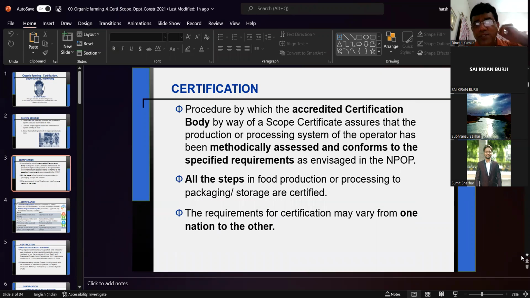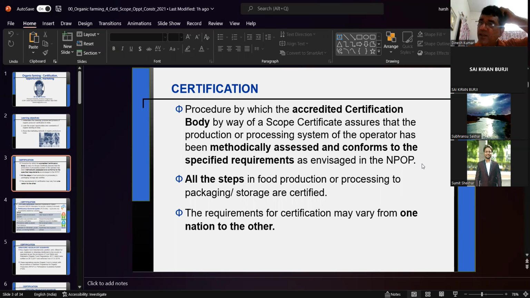Procedure by which the accredited certification body, or you can say accredited or authorized certification agency by way of scope certificate, assure that the production or processing system of the operator has been methodologically assessed and conforms to the specified requirement as envisaged in the NPOP. So this is very official language.